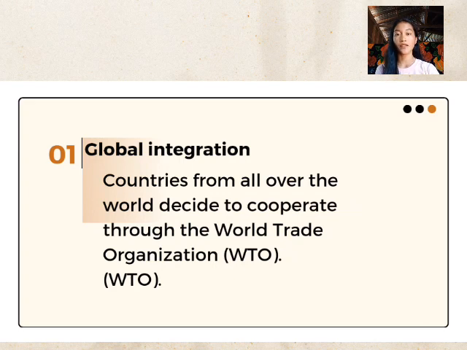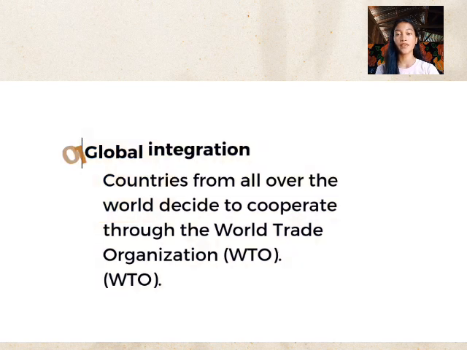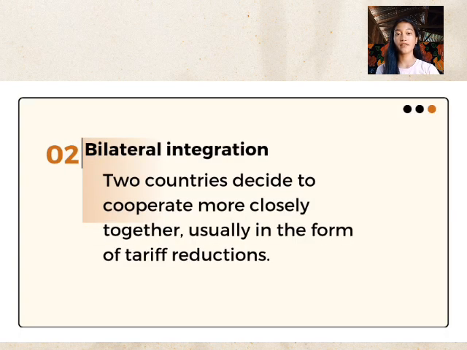In summary, global integration through organizations like the WTO allows countries from around the world to cooperate, negotiate trade agreements, and resolve disputes collectively. This promotes international trade and economic growth on a global scale, benefiting member countries and contributing to a more interconnected world economy.